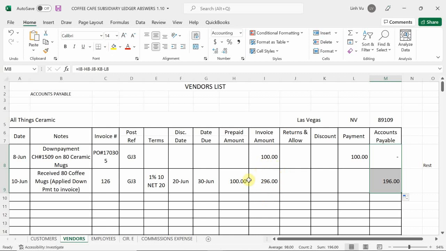You have to put it for the actual amount without the down payment, and then put this prepaid account in there to reflect the actual billing amount here for $196. Okay, so that is how I use the subsidiary ledger for a prepaid account.